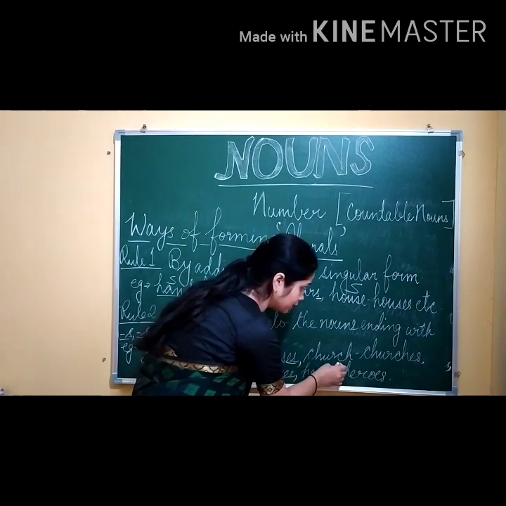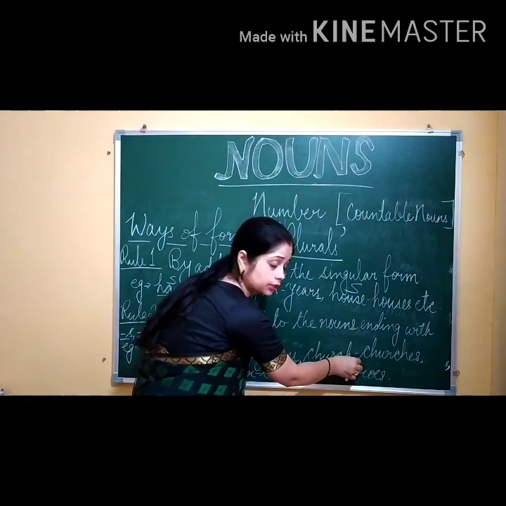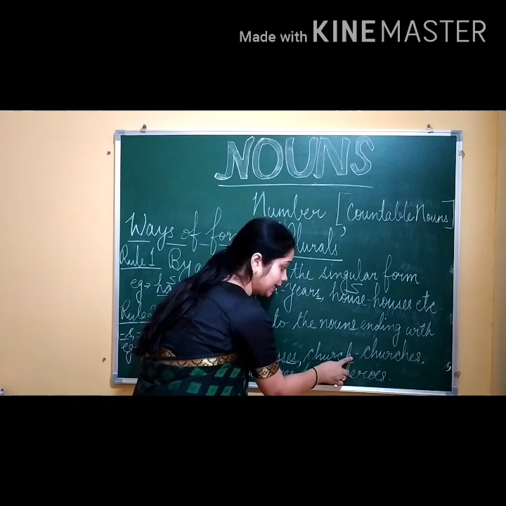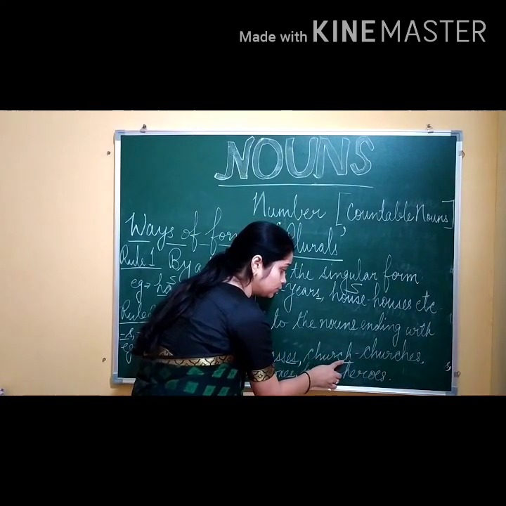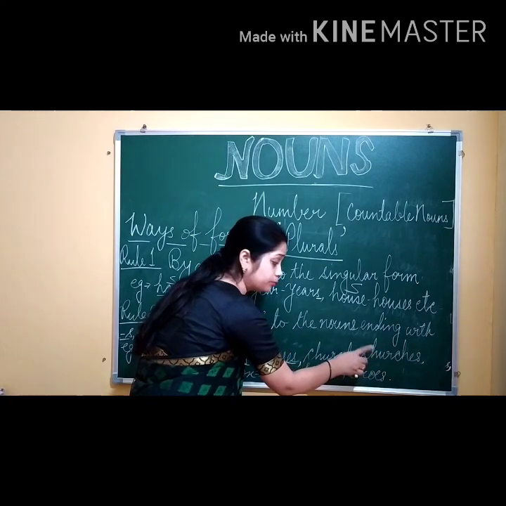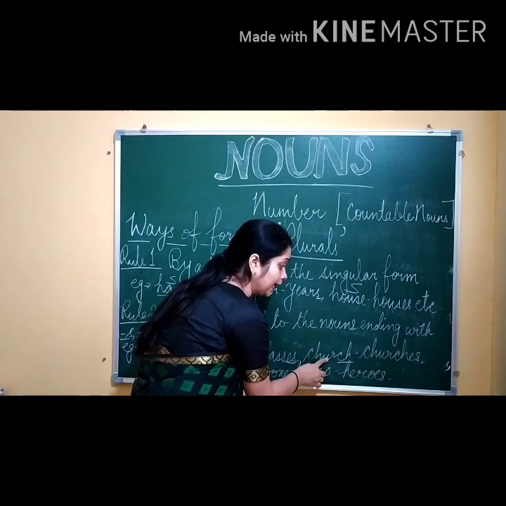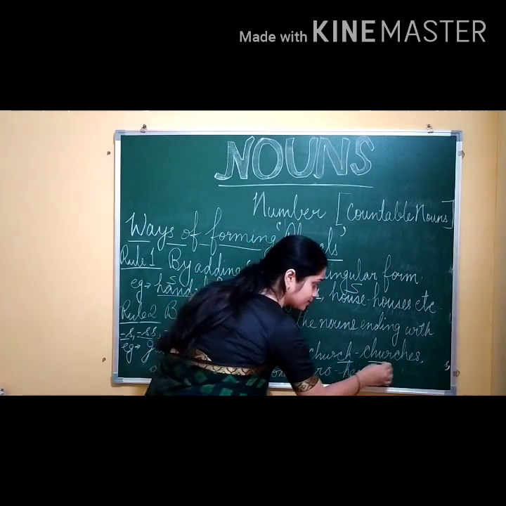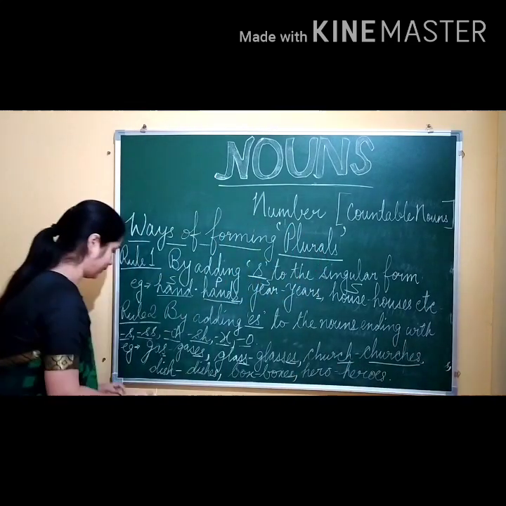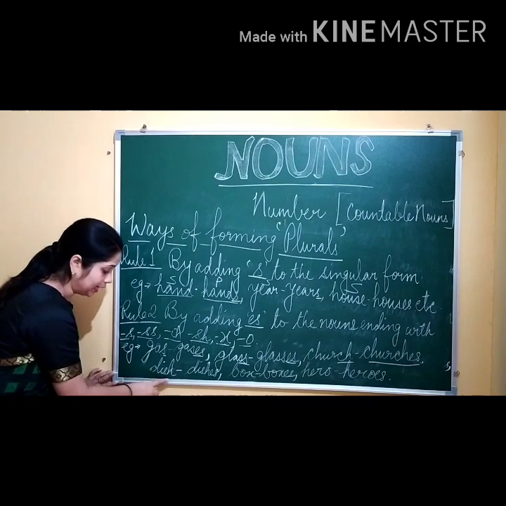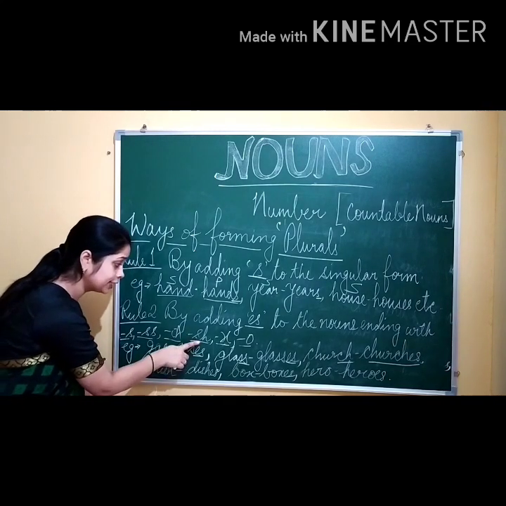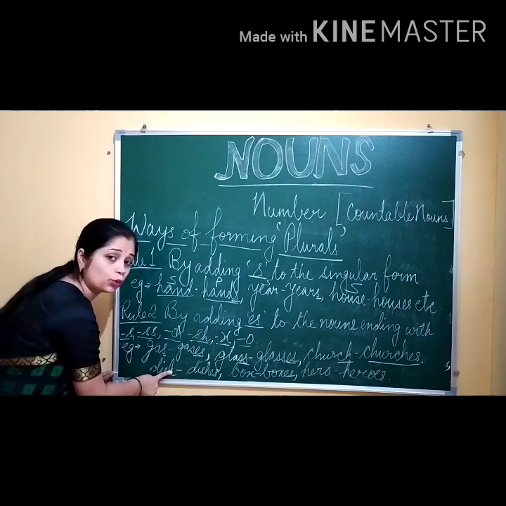Church, ending with ch. Churches. What have we done? We have added es to church to make it plural because it is again ending with ch. Dish, ending with sh. And what have we done?